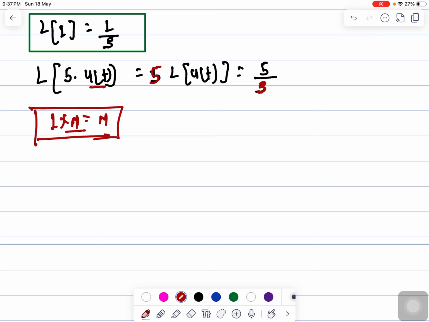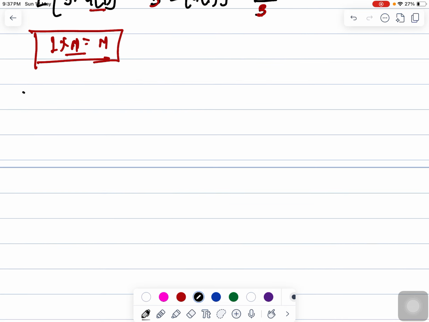Now sometimes, how does this look? You will see there is a notation.